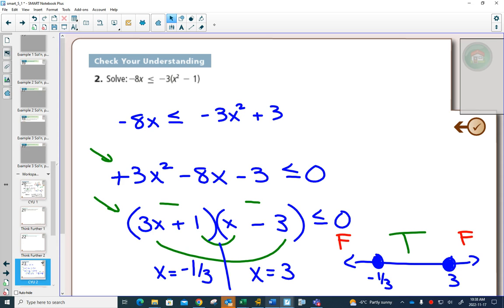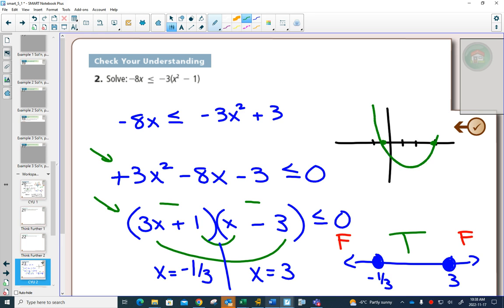And in quadratics, okay, when we think about the graph, again, here, to check, we'll use the graph. We know that our x-intercepts are at 3 and negative 1/3. This parabola, because the a value is positive, would open up.